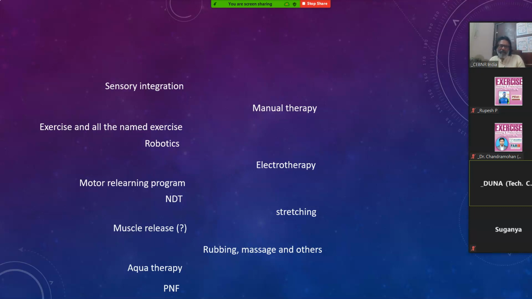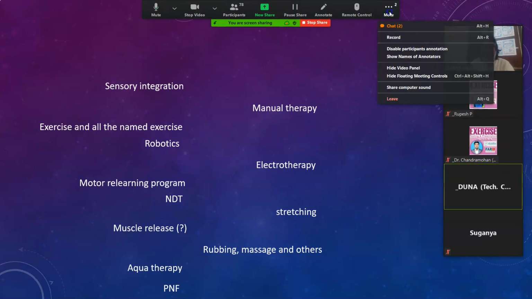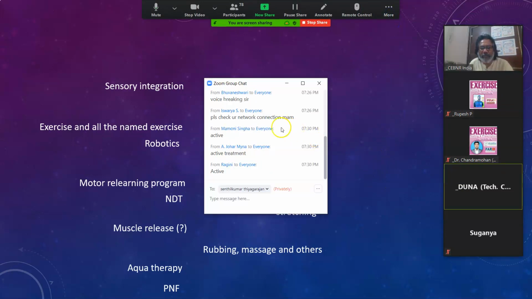Whether it is the active treatment or passive treatment. You can please send in your answers through the chat. Am I clear with my question?